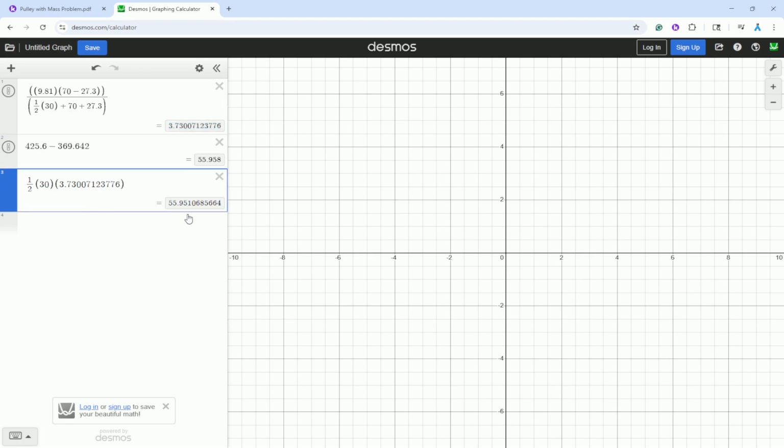And look at that. If we just say 3.73, we get pretty darn close. Of course, we rounded some things, but we're pretty close. 55.96 is basically the same as 55.95. We did it correctly, Sigmas.